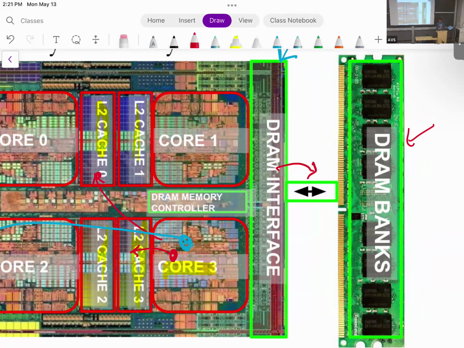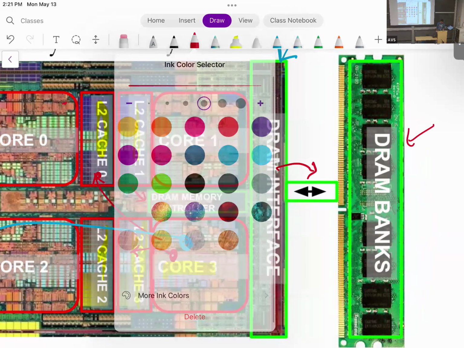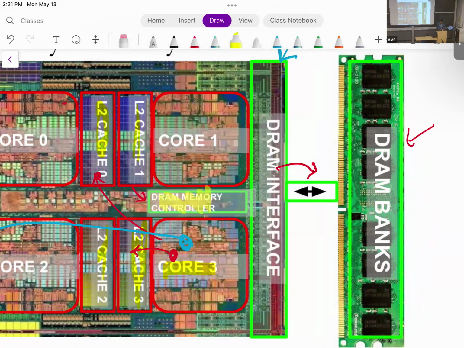This is usually what we call a DDR protocol, and for that we usually have what we call a DRAM or memory controller, that you can see here, and there's an interface that sends and receives data between the DRAM and the chip. So this is the general interface of a DRAM and a regular chip.